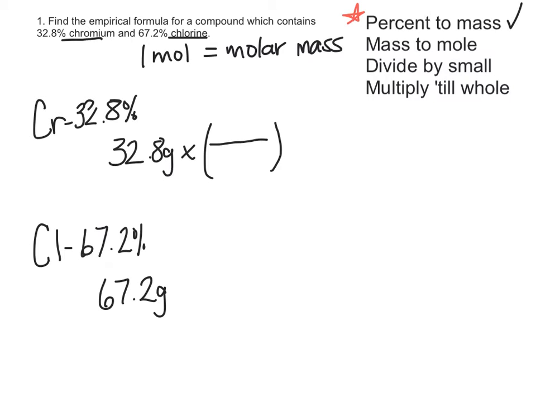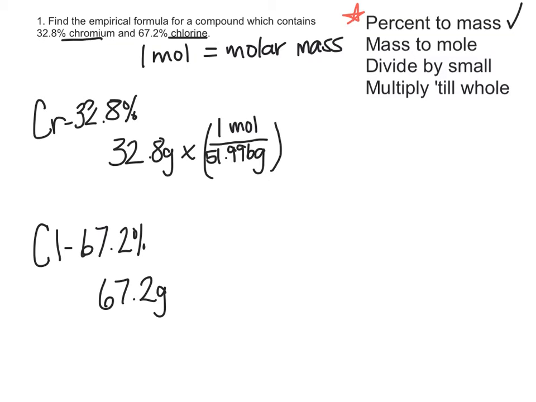In this case, I want to cancel grams, so my molar mass, or in this case, my atomic mass, is going to go on the bottom, and my 1 mole is going to go on top. So if I look at my periodic table, the atomic mass for chromium is 51.996 grams, and that is in 1 mole of chromium.